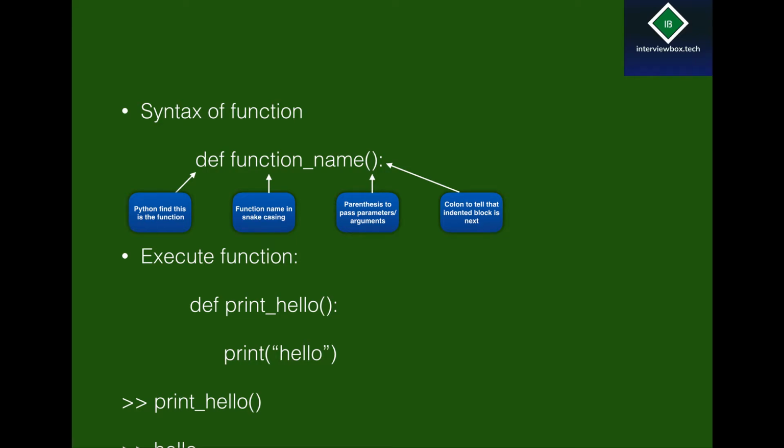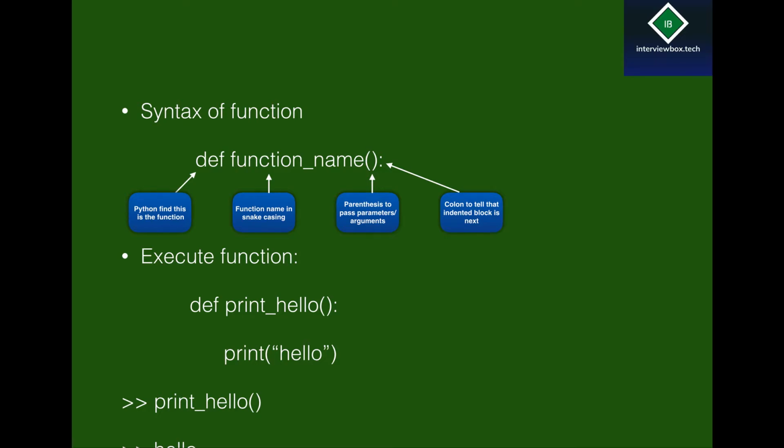And after that we have parentheses, for passing the arguments or parameters to your function. And then next is a colon, which basically identifies that whatever code comes after that will be an indented block of code. And how do you execute functions? As you see, I have given a very simple example here.